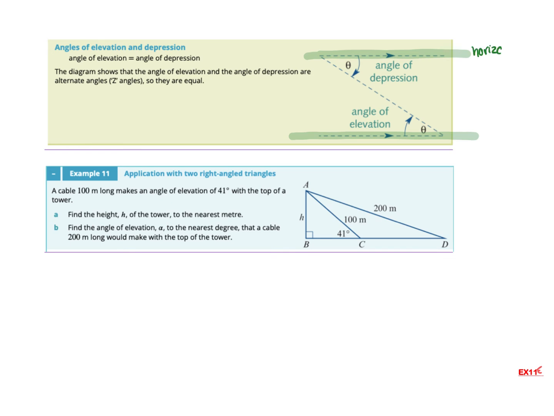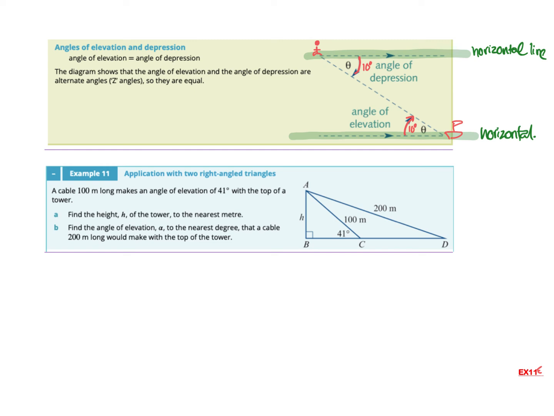If you think about that scenario before, we had the boat, so I'll just draw a little boat in here, and we had the guy up here. So he was looking down at an angle of depression of 10 degrees. If he's looking down, then the boat looking up is going to be 10 degrees as well. They always match. So what you're looking down at, they look up at the same.